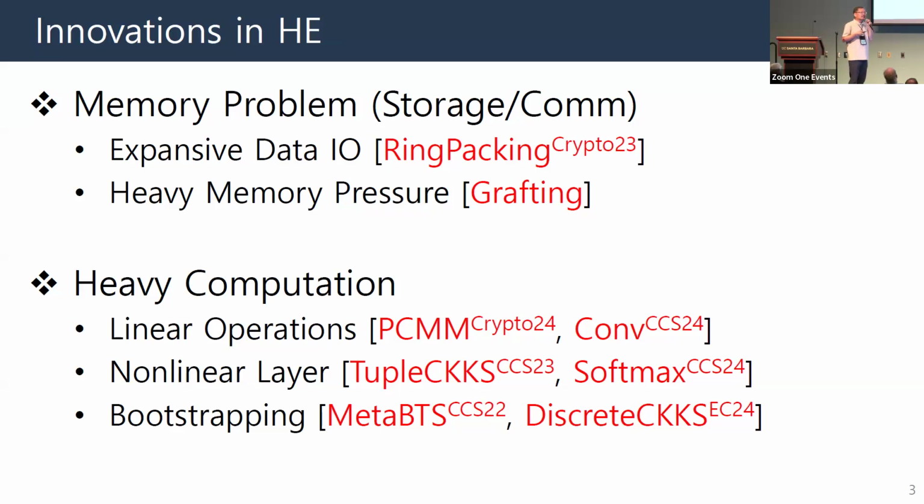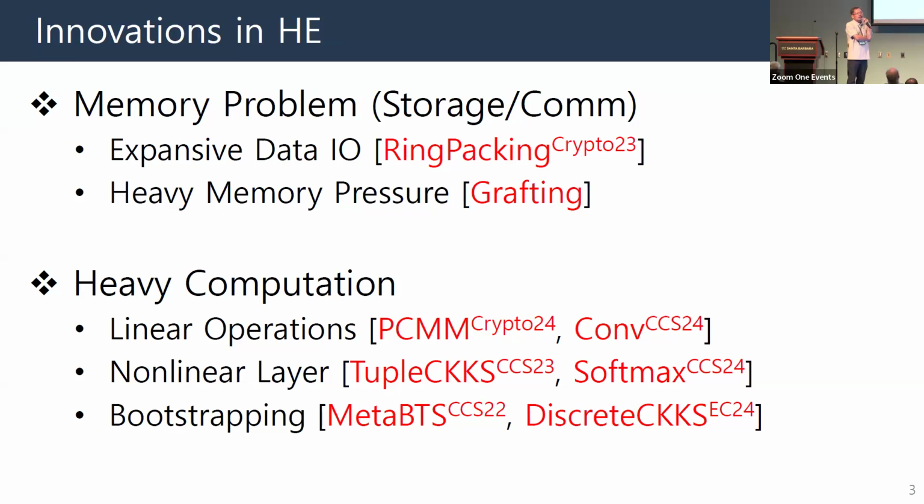Data expansion rate becomes less than 1.1, if we have enough efficient bootstrapping. And the key size is still large, but it's decreasing. And then we have quite good linear operations on encrypted data.